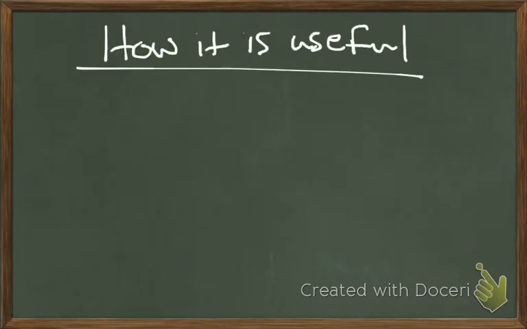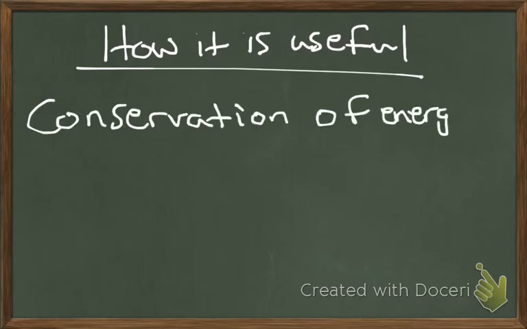So how is this useful? They are useful in the same way that the conservation of momentum is, but this time we're talking about the conservation of energy. The total amount of energy before something happens is going to equal the total amount of energy after something happens.